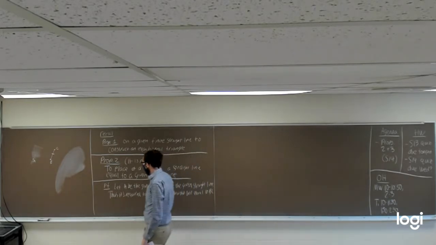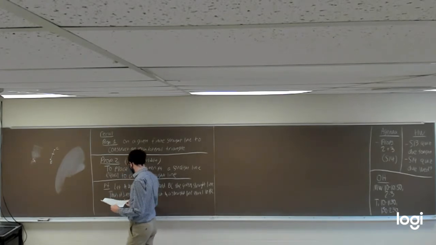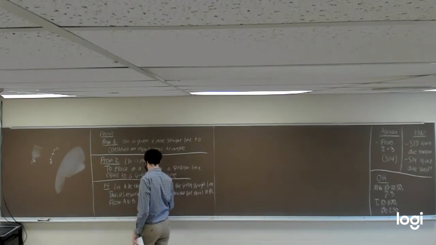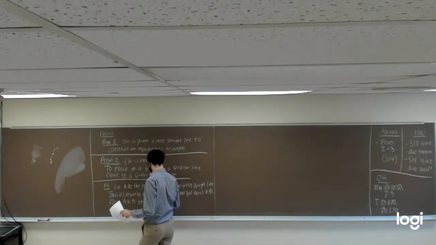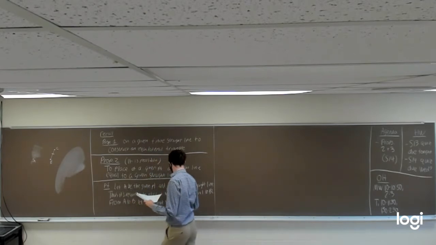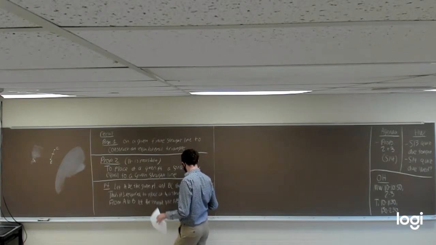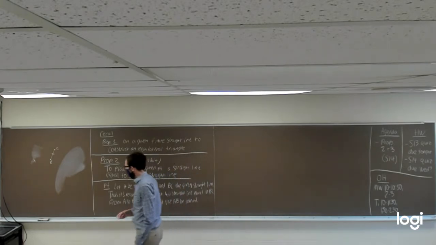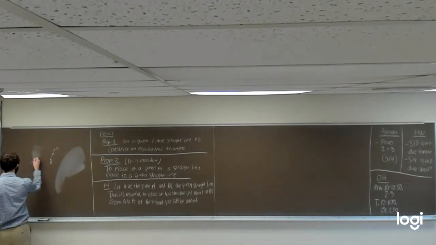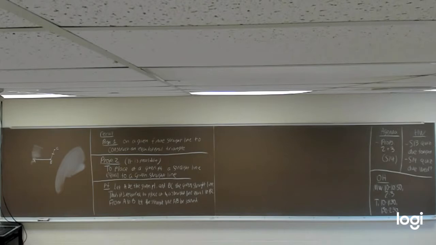So the first thing we're going to do is say that from A to B, let the straight line AB be joined. In other words, draw the straight line that goes from A to this point B over here.